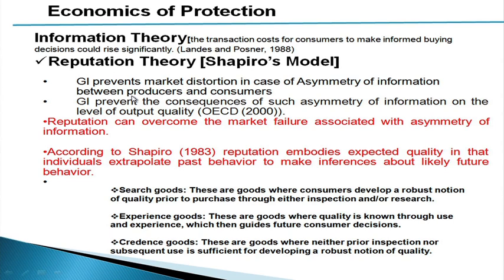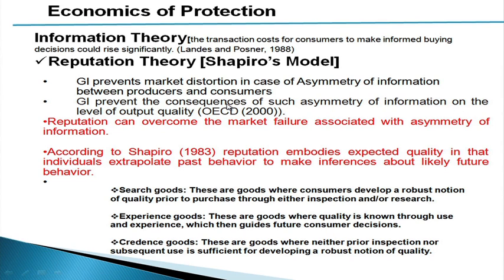Just like GI prevents market distortion in case of asymmetry of information between the producers and consumers. Market distortion means that by providing symmetric information, they are trying to harmonize the market with reference to the GI product. So, GI prevents the consequences of such asymmetry of information on the level of output quality.